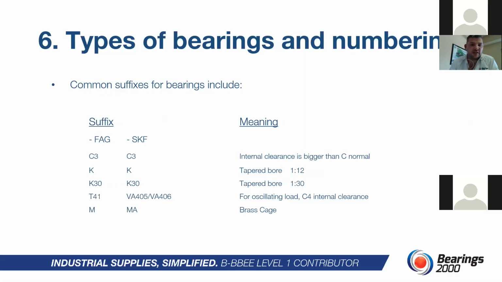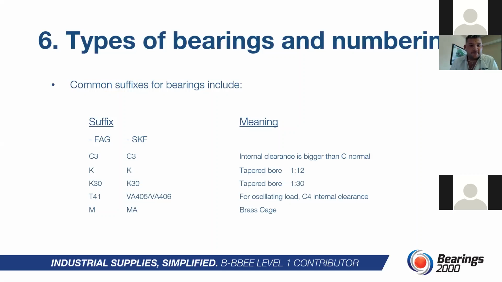Having a look at the common suffixes we use with spherical roller bearings, it will again be C3. The K, again, indicates the taper bore. K30 indicates the ratio of the taper, which is 1 to 30.